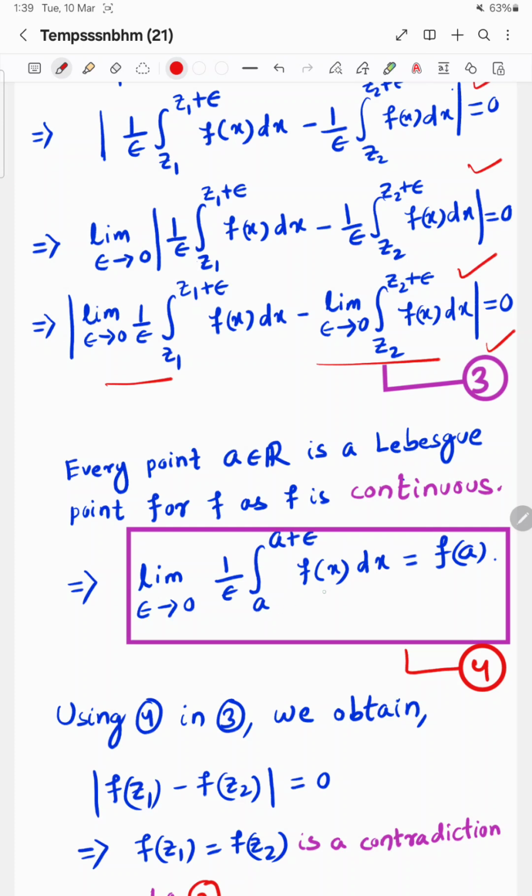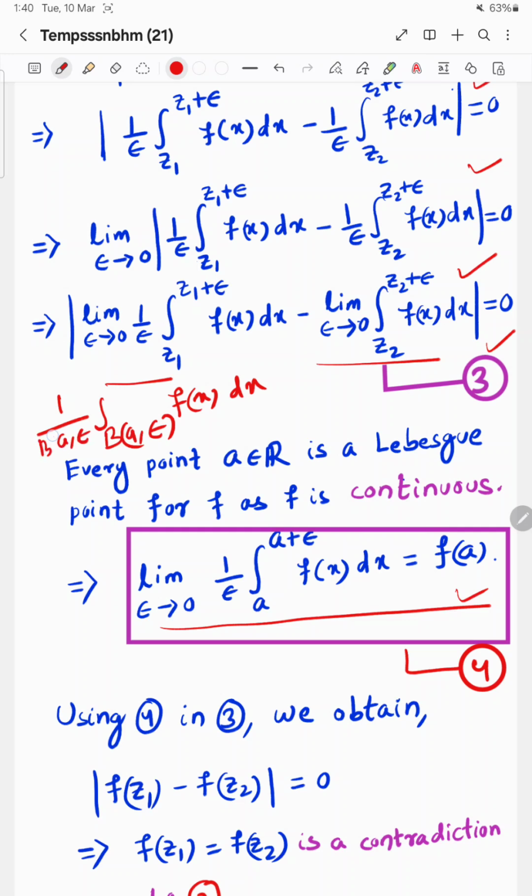If a is a Lebesgue point of the function f, then it should satisfy this limit equality, and in the generalized form, we take any ball B(a, epsilon), integrate f of x dx over it, and divide by the measure of the ball B(a, epsilon). This limit converges to f of a when epsilon goes to 0. This is the definition of a Lebesgue point. Here measure means the volume.